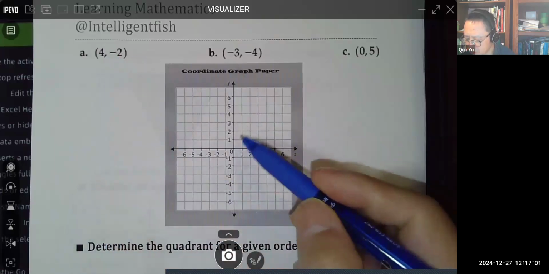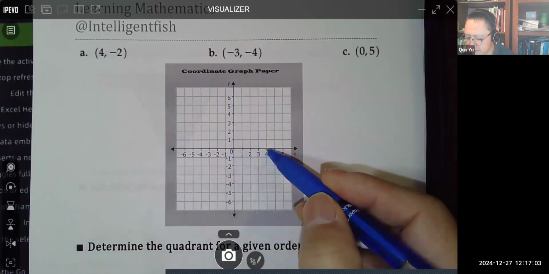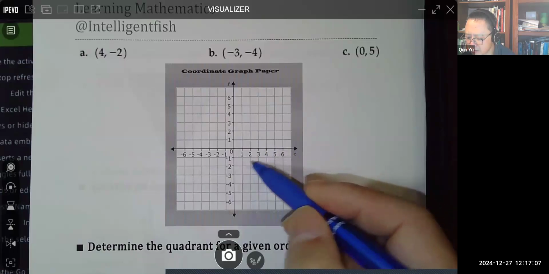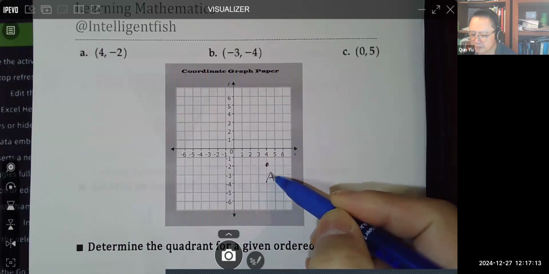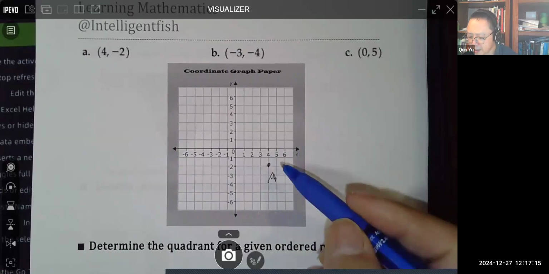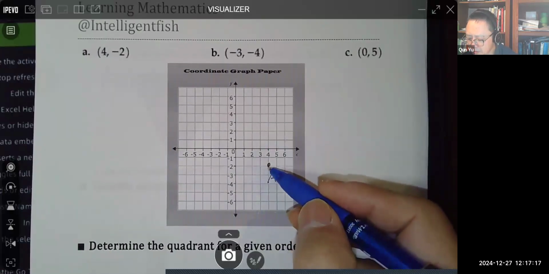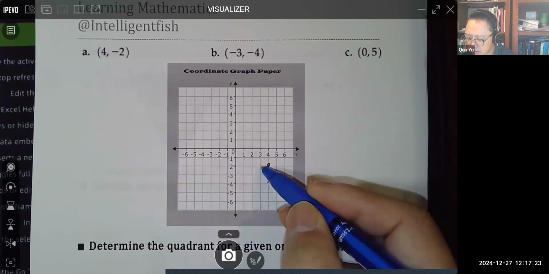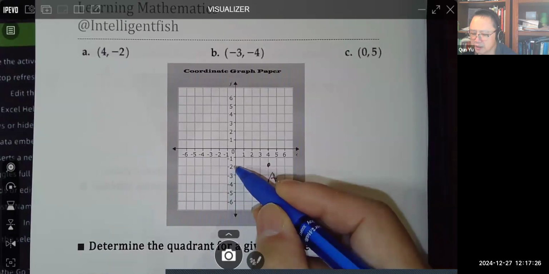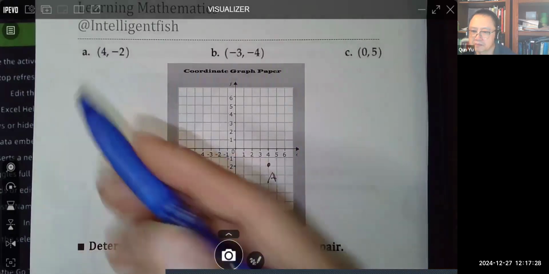So you go to 4 for the x value, then from here, you go to -2 for the y value. Here is point A. If you want to double check, you draw a perpendicular line to the x-axis, you get x equal to 4. You draw a perpendicular line to the y-axis, you get y equals -2.